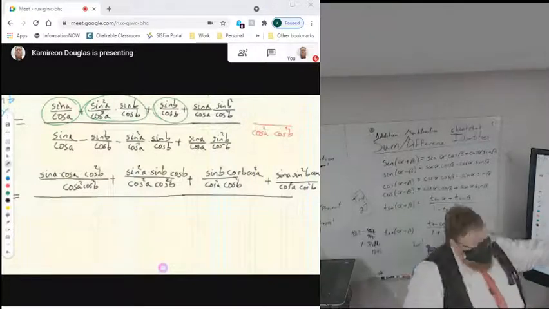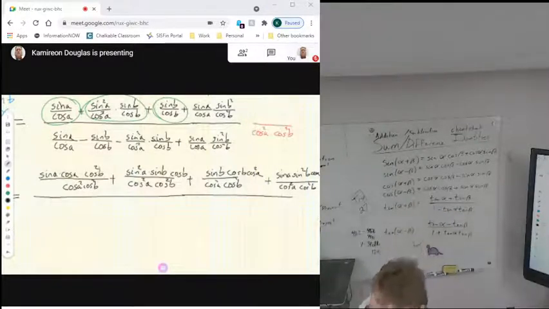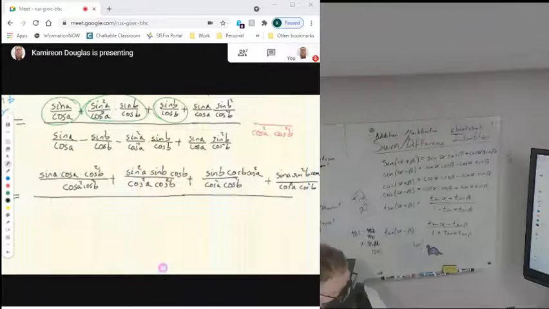Now, every term on the top has cosine squared of a and sine and cosine squared of b. Can I do the bottom? I have the same for the bottom. Now, once we get that piece done, I will show you how people like me do math a little faster than people that don't. Because everything on the bottom is going to be the same, right?